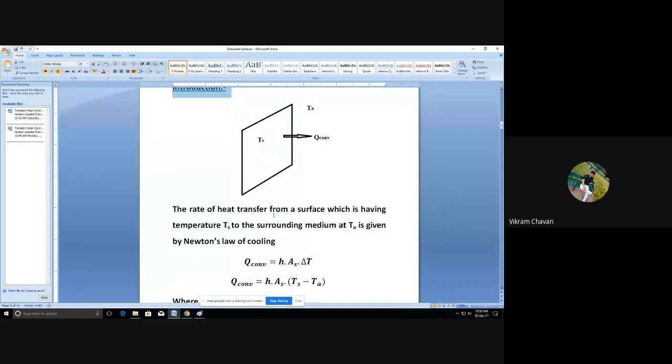So after drawing this figure, you can write the rate of heat transfer.